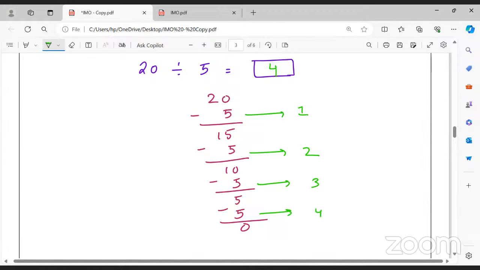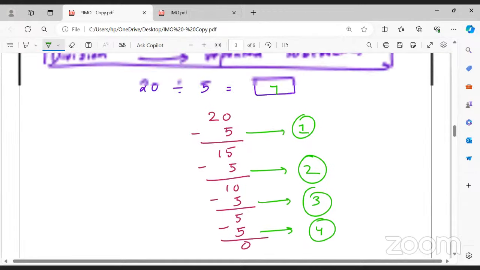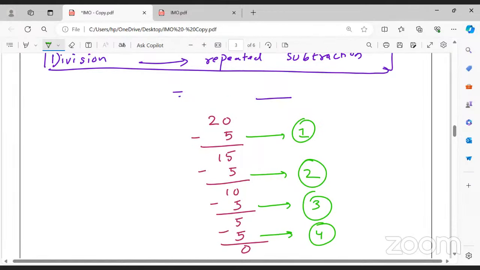This 4 is your answer. Got it? How many times you are subtracting, that's your answer. Yes, very good. Anirudh, well done. Very good, Ayush. Divyanshi, perfect. Fine, so we are done.